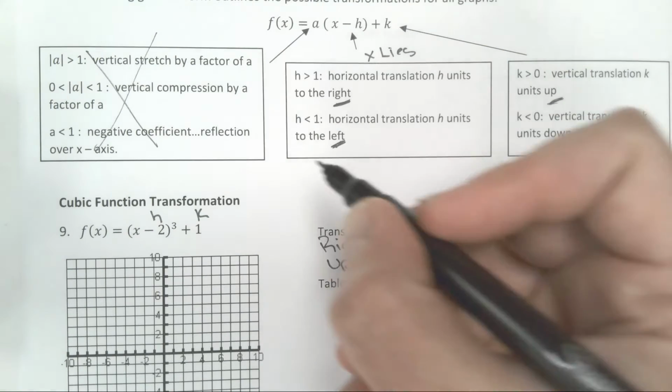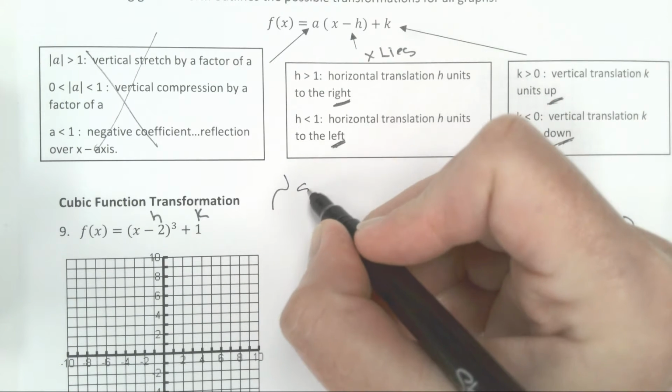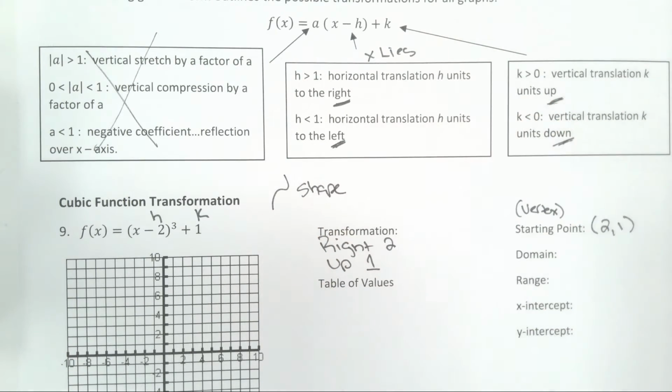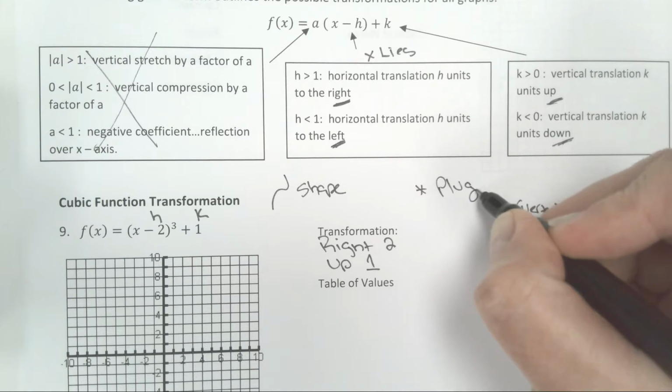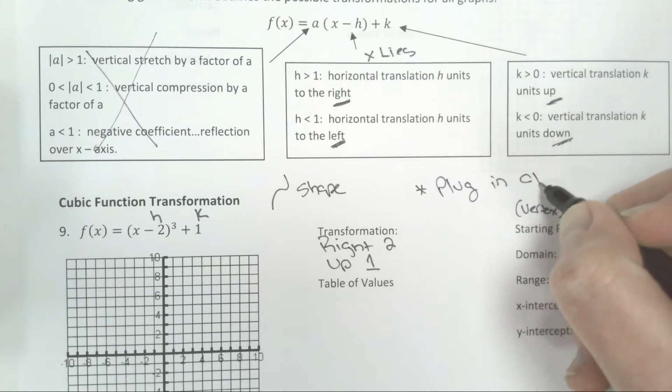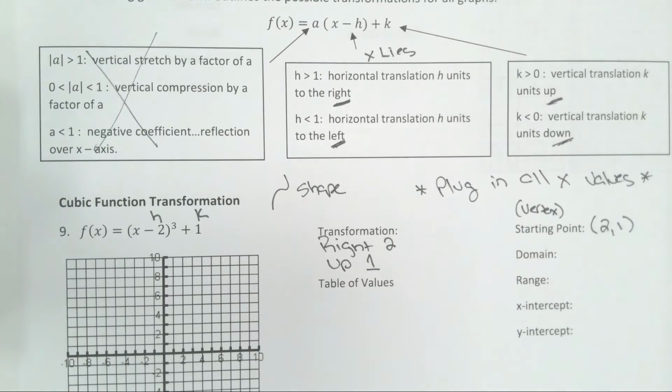The cubic, hopefully you remember, is this kind of a weird S shape. There's not the same kind of symmetry as there were on the last two functions. So on this one, you have to plug in all your x values. That is a definite difference here.